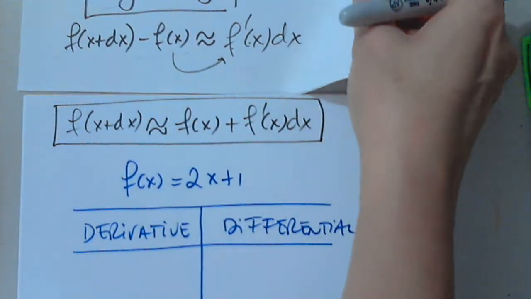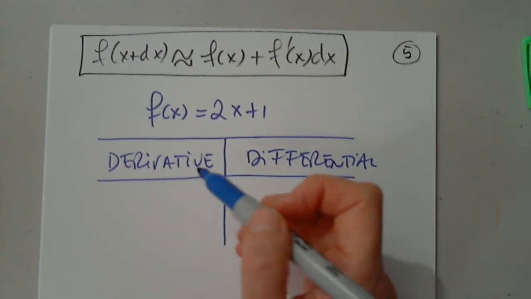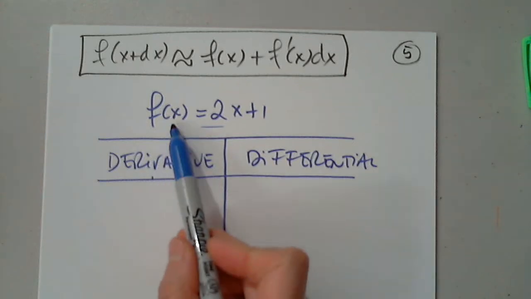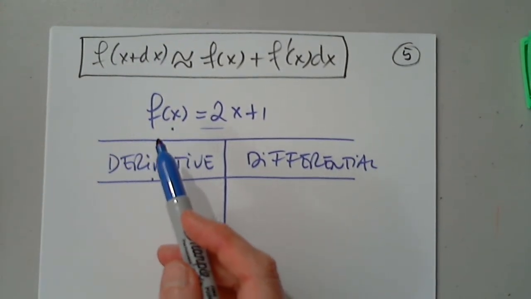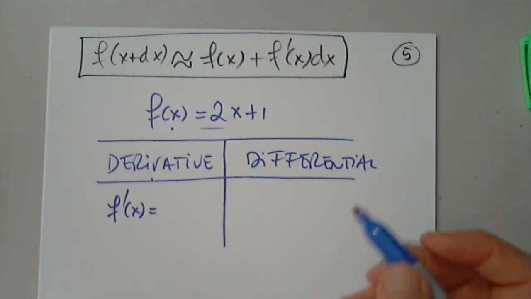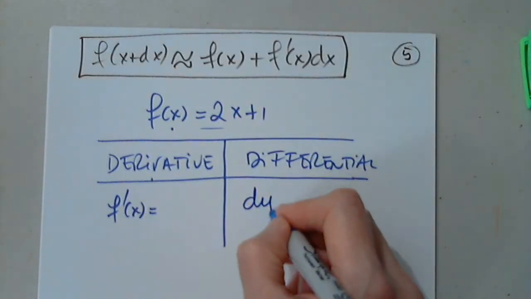Okay, so we created a function, and we want to understand the difference between the derivative of this function, which is denoted by f prime of x, and the differential of this function, which is denoted by dy.